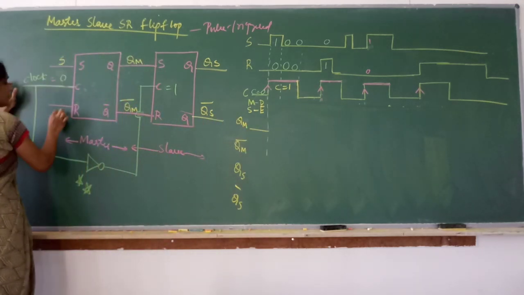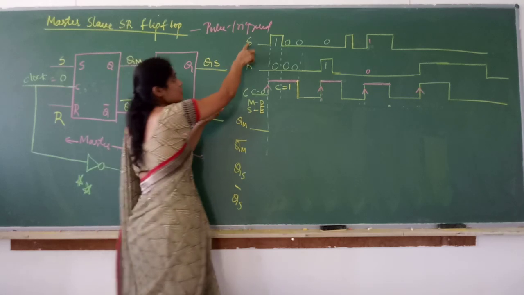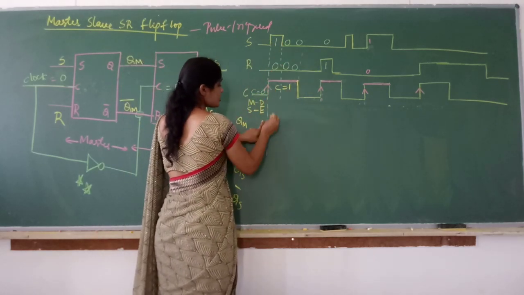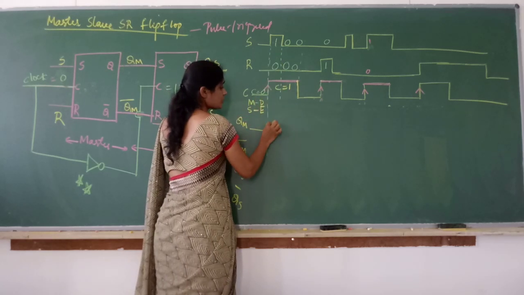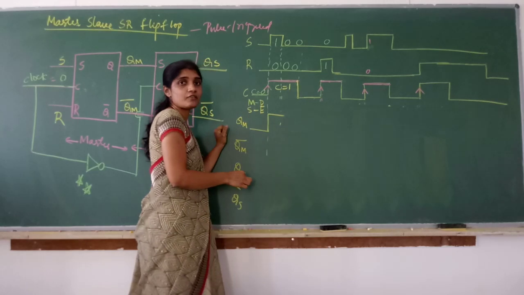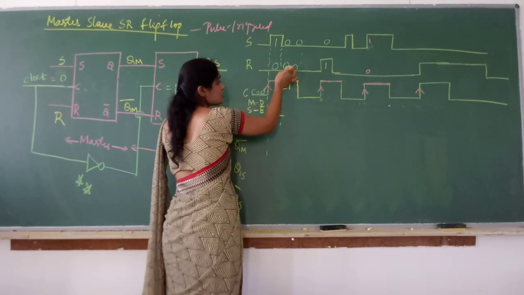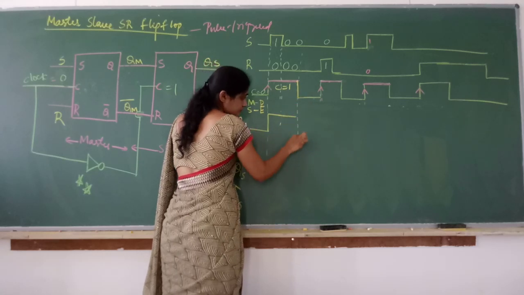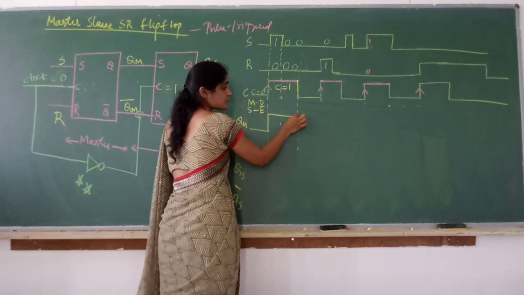S and R. Look at SR, we have given SR like this. S is 1, R is 0. What is the output? 1. Since master slave flip-flop is pulse triggered, for 0, 0 it is the previous state. Now clock has become 0.